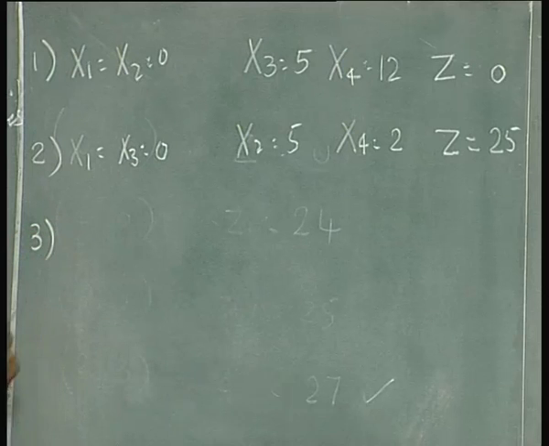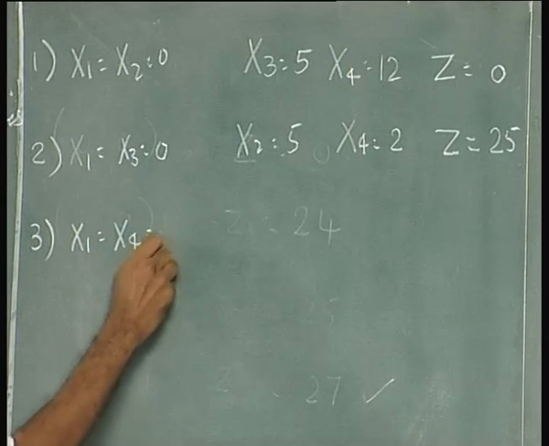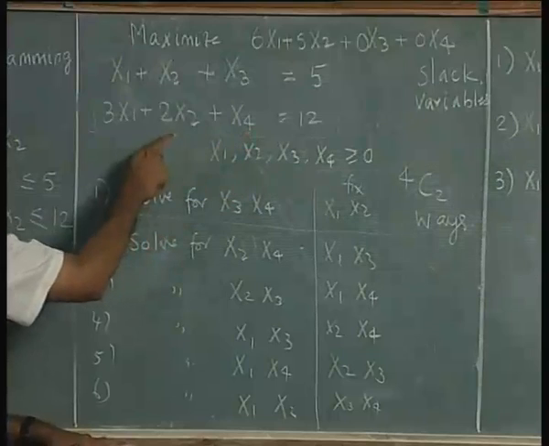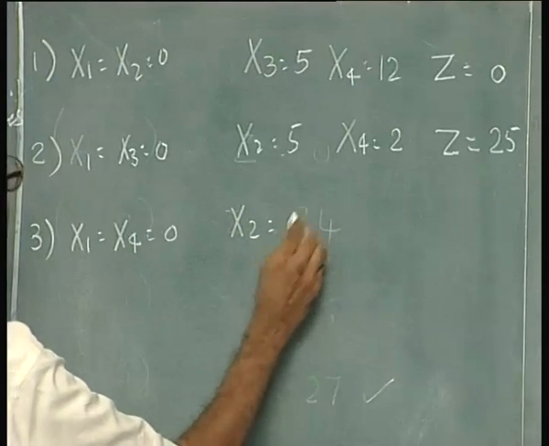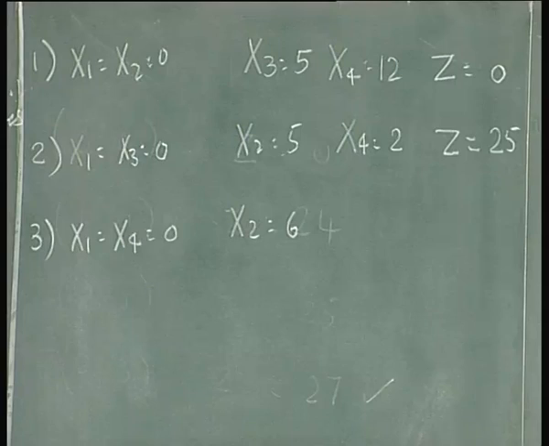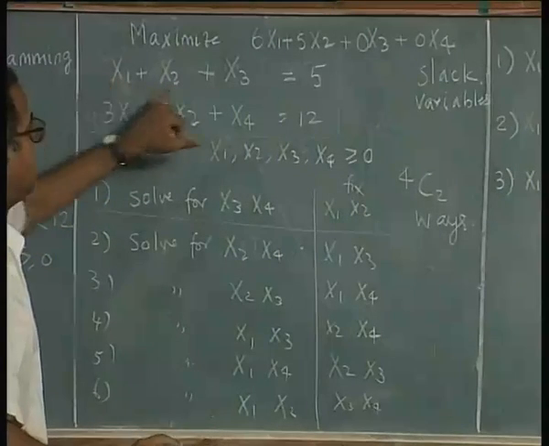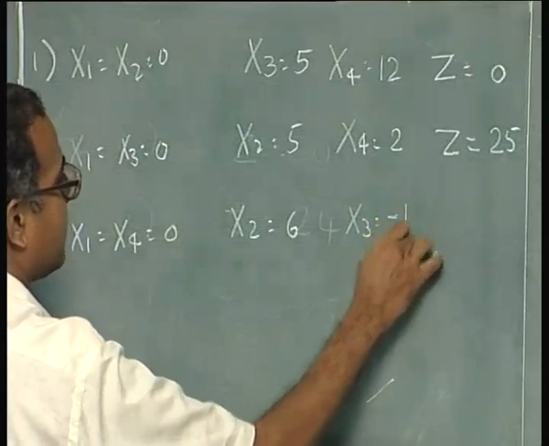The third one, we fix x1 equal to x4 equal to 0. So, x1 equal to 0, x4 equal to 0 would give x2 equal to 6. Now, substituting here x2 equal to 6, x1 equal to 0 gives x3 equal to minus 1.